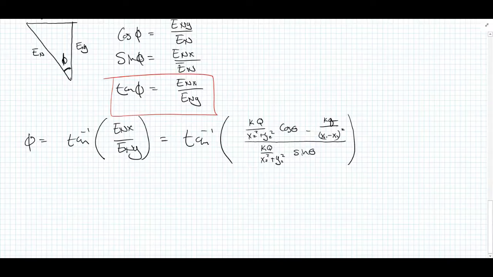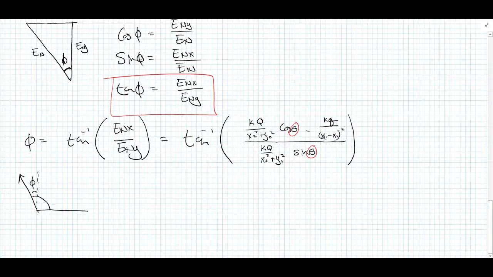Now, be careful here, because I have an angle written down here. This is the angle associated with the field vector that points towards the sphere. We're using theta for that angle. What I just calculated was this phi.